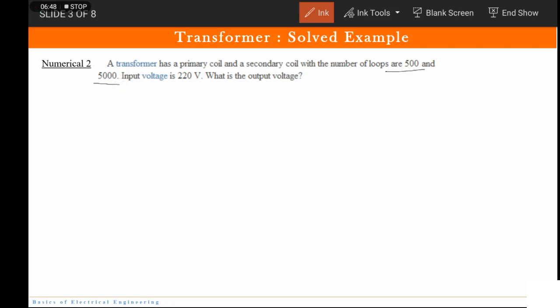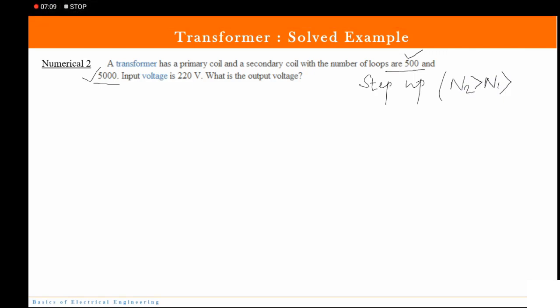The number of turns in the primary is 500 and in the secondary is 5000. It means which type of transformer is this? This is a step up transformer because N2 is larger than N1. Fine? So let us solve this now.